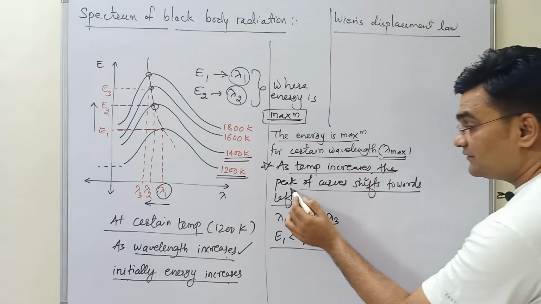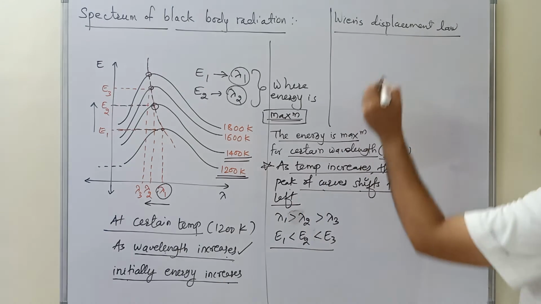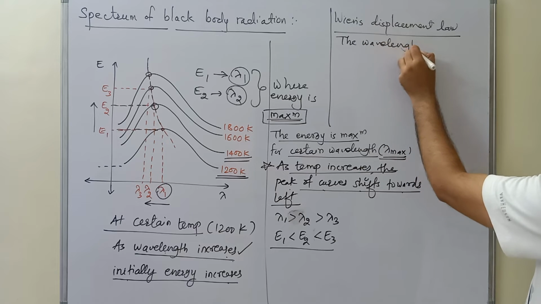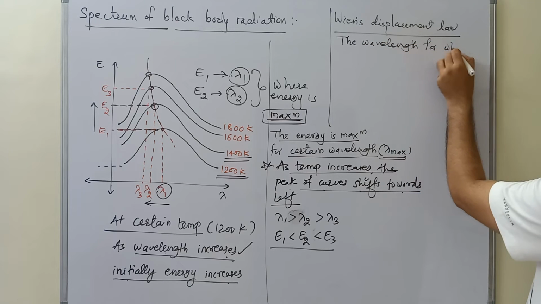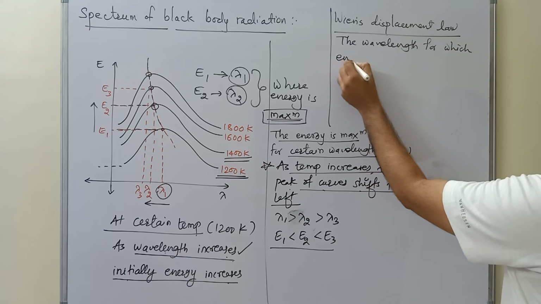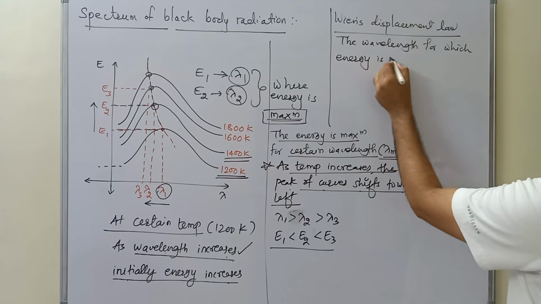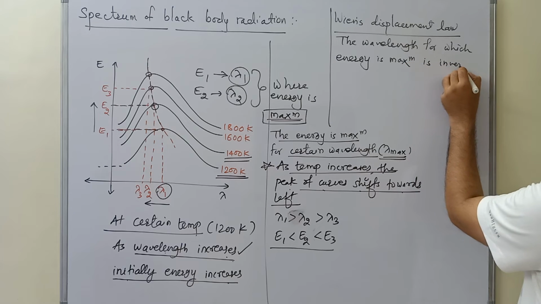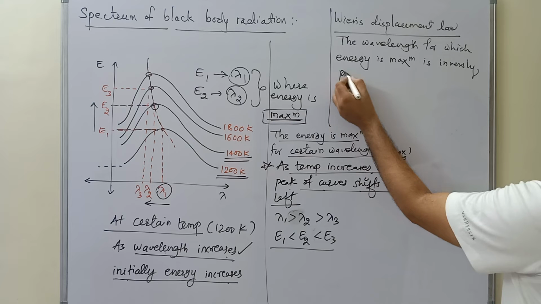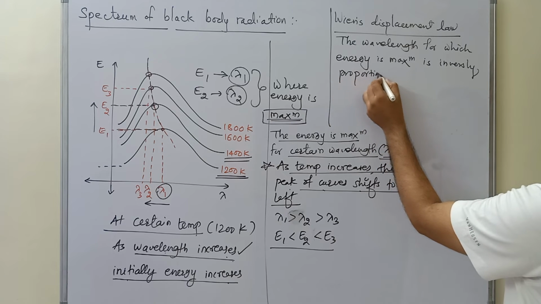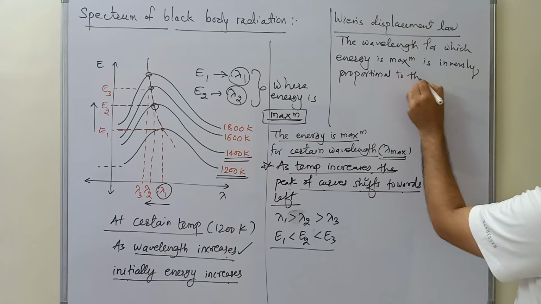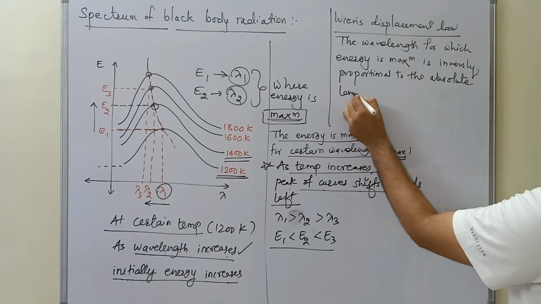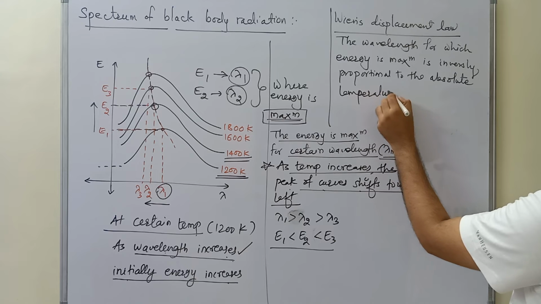As temperature increases, the peak of the curve shifts towards the left. That means the wavelength for which energy is maximum is inversely proportional to the absolute temperature of the black body.